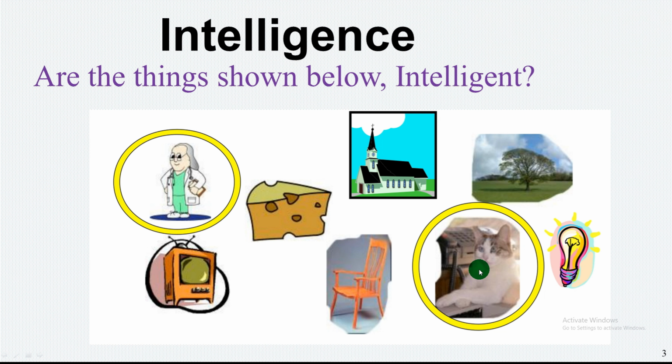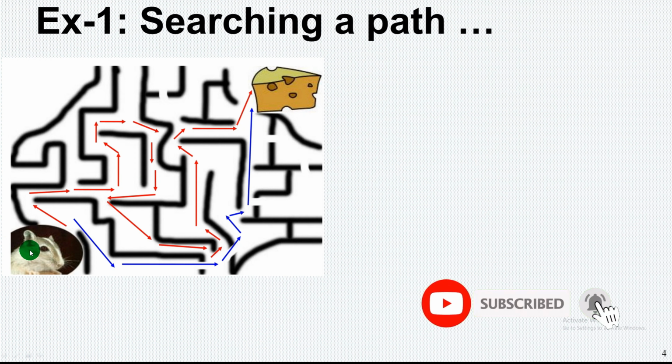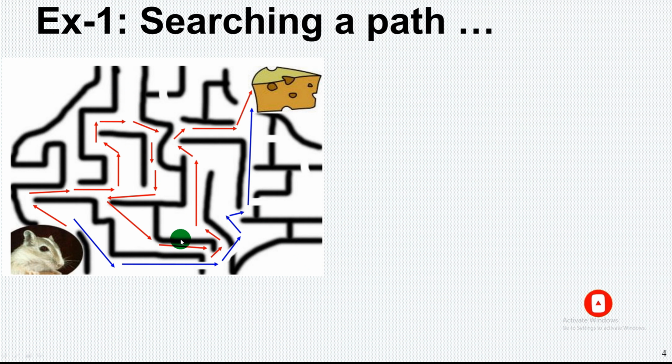You can search by yourself more about animals like cat, dog, and any other ones: is it intelligent or not intelligent? There is a mic. This mic wants to go to this object, so there are many paths. This mic may use different paths, or different mics may use different paths in order to reach this object. As you have seen here, there are two simple paths.